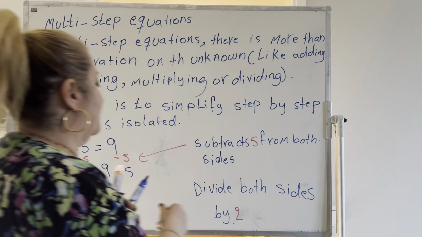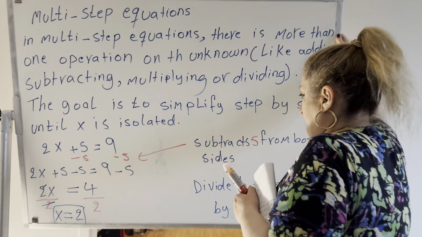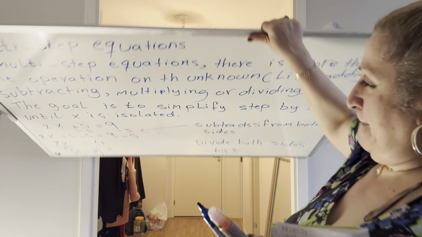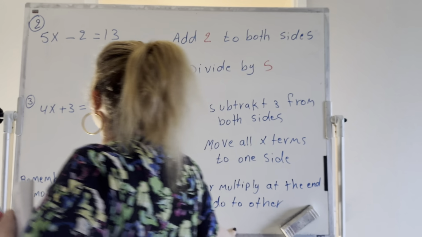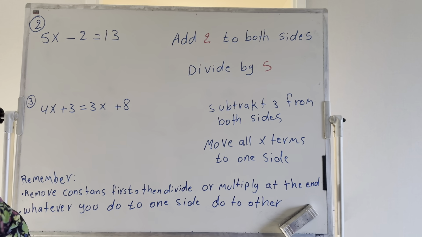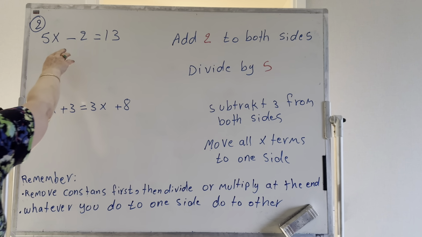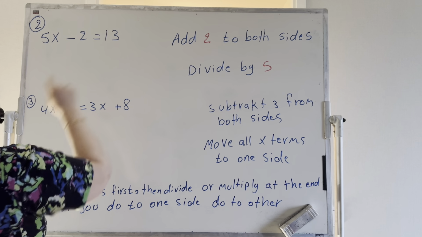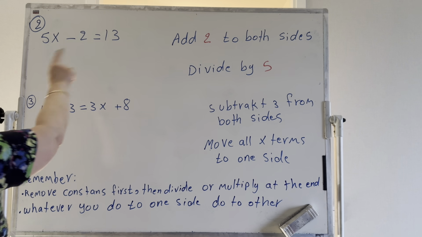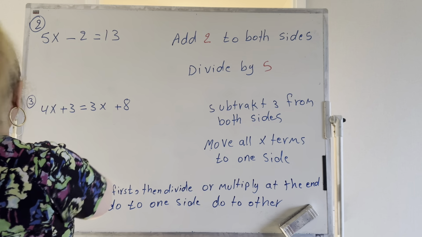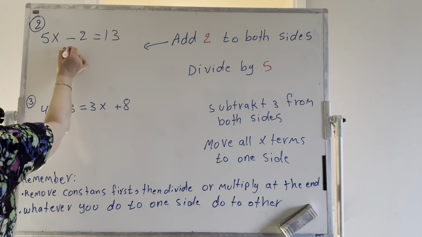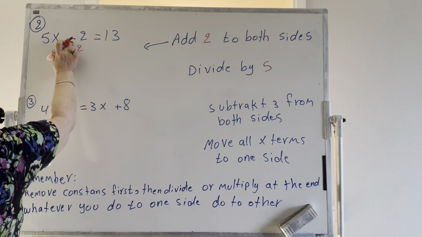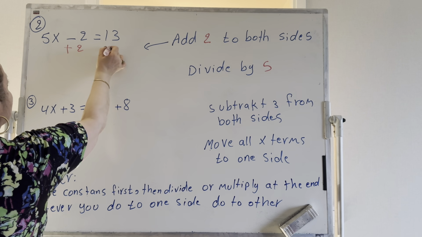The second example: 5x minus 2 equals 13, and I will add 2 to both sides, because I have minus 2 and plus 2.